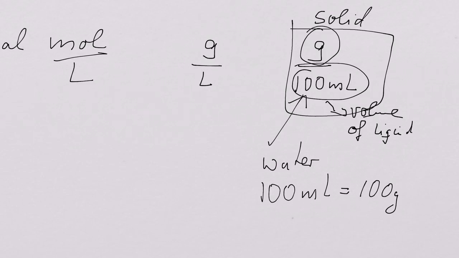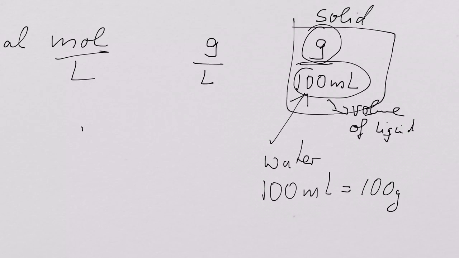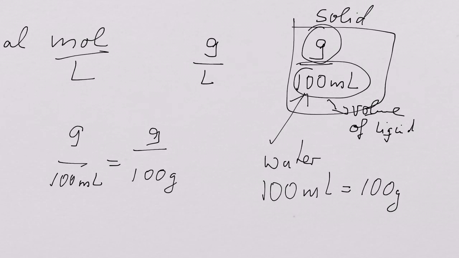Now what you can do is write this gram per 100 milliliter as gram per 100 gram. Make sense?